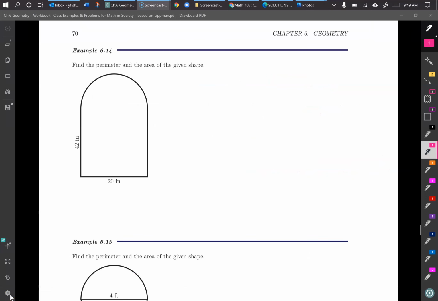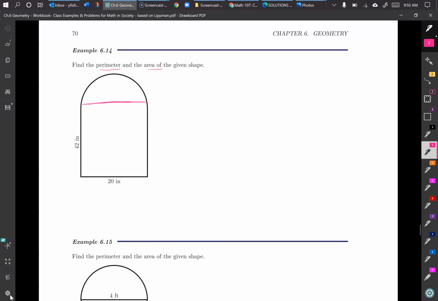Now we're moving on to page 70. Example 6.14, find the perimeter and area of the given shape. So we need some additional info here. I'm going to mark this up. So this would be the top of the rectangle portion, and then we have a semicircle on the top.